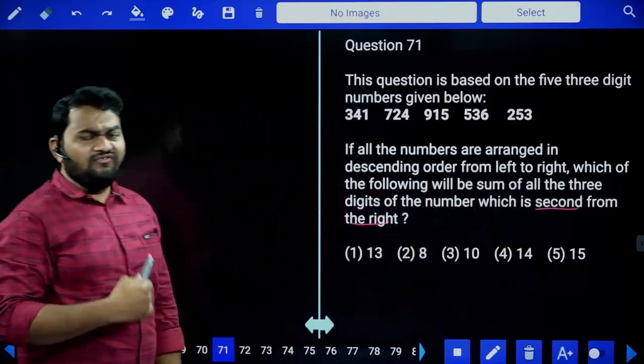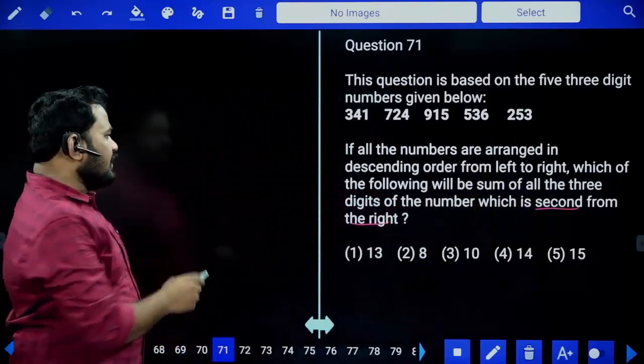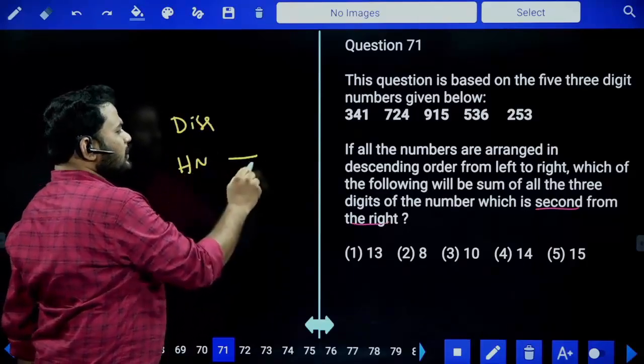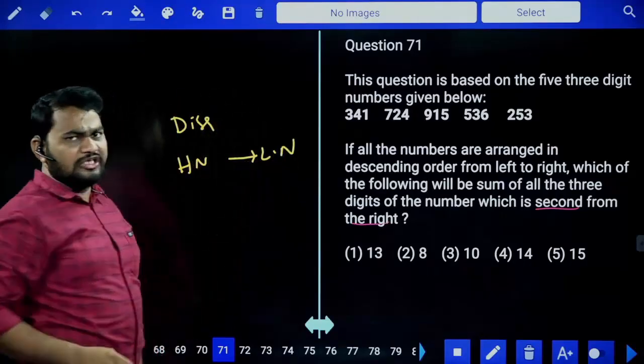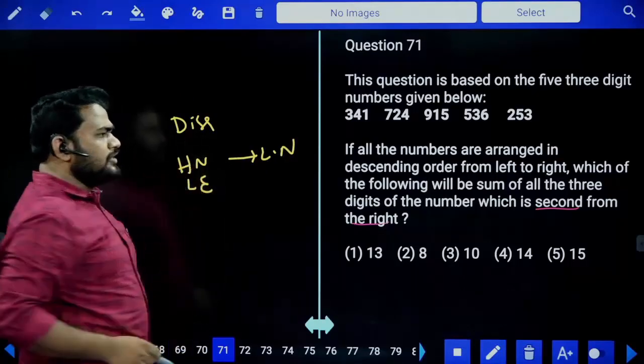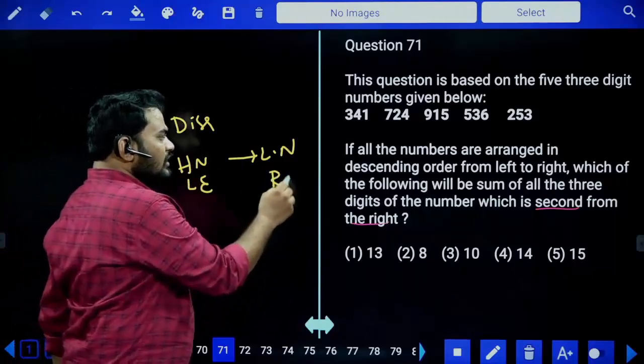If we write all the numbers in descending order, highest number to lowest number is required, which means on the left hand we'll get the highest number, and on the right hand we'll get the least number.